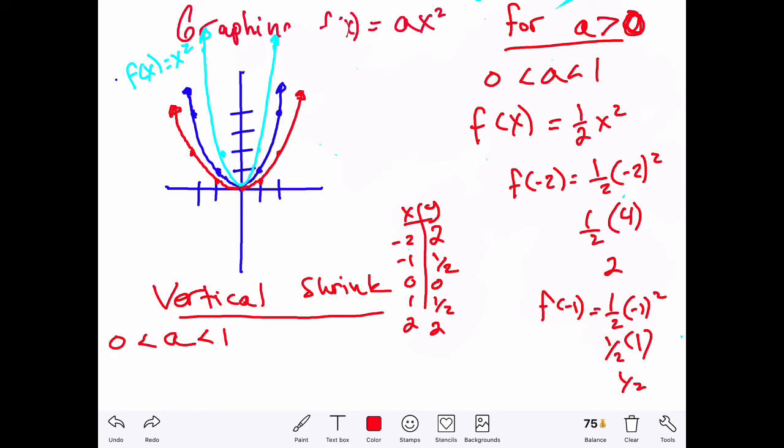Notice, all three of these are parabolas that open upwards because they all have a greater than 0. Our parent was f of x equals x squared, and that's the darker purple one. And of course, a is 1 if it's not showing, if there's nothing in front of the x squared.